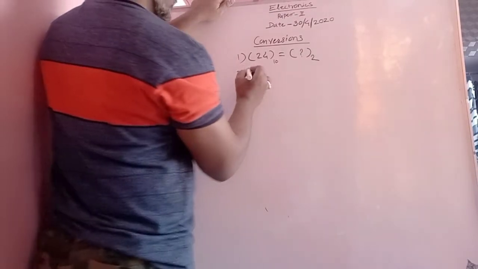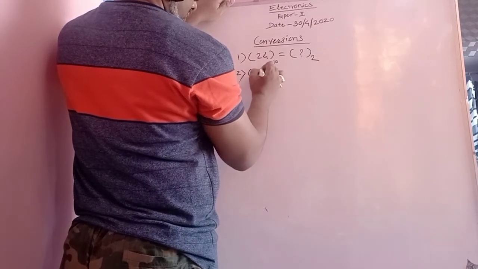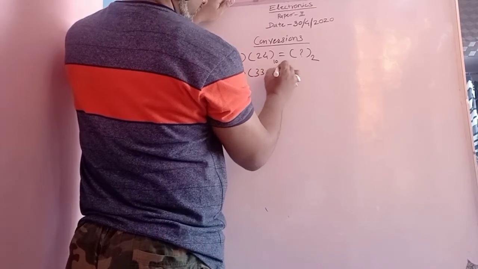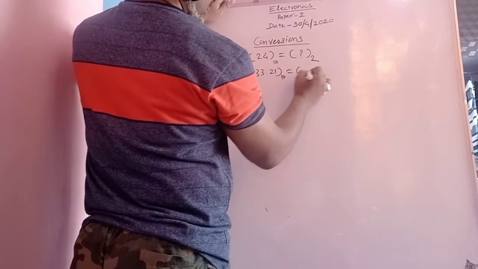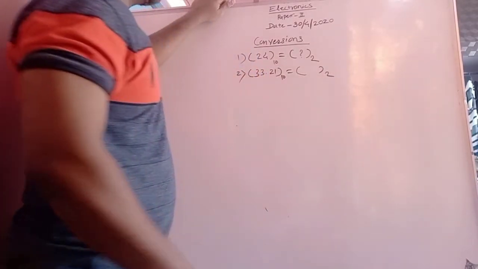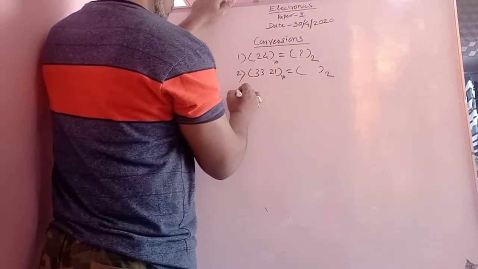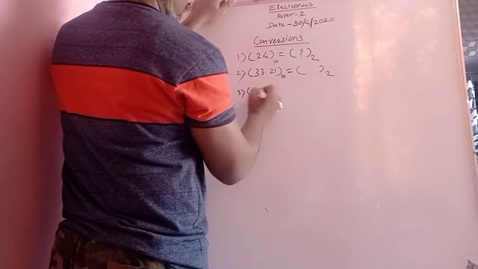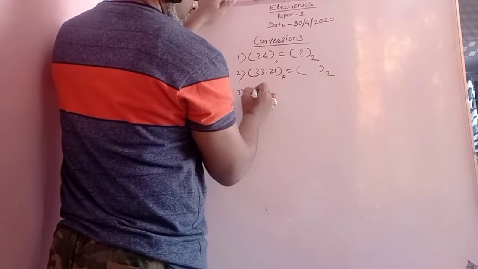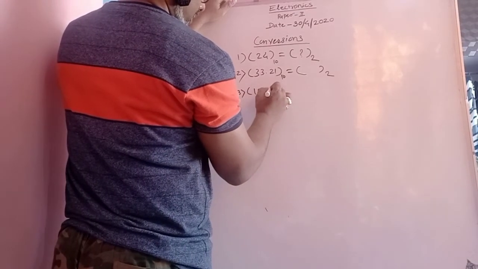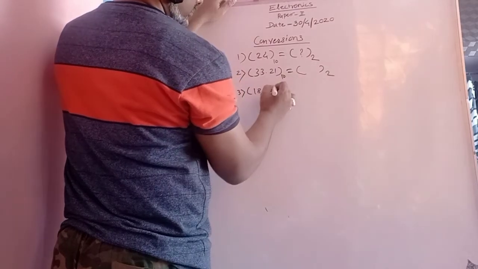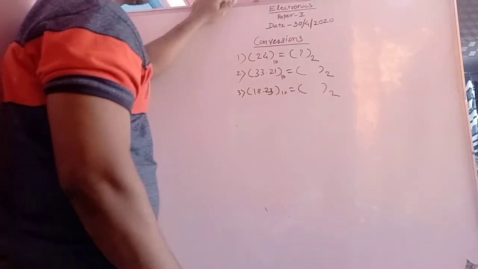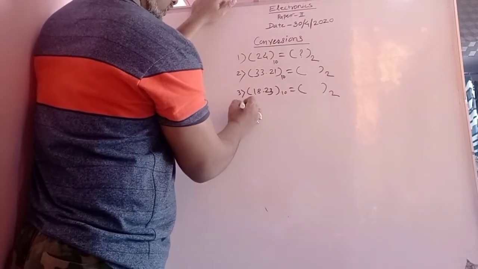Then write 33.21 in binary. Then write the third, 18.23 in binary form. And the fourth.